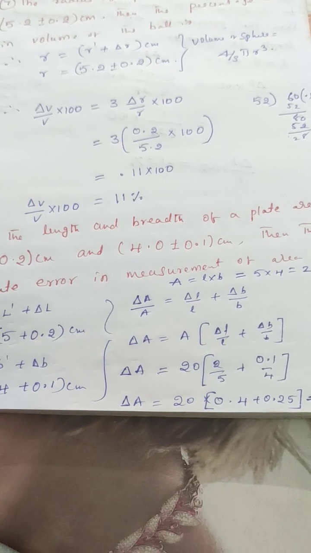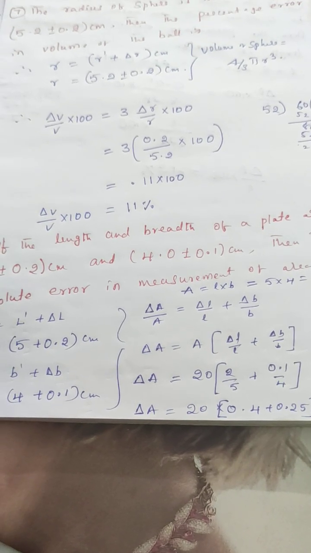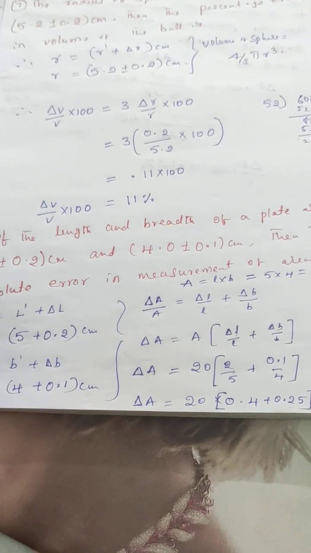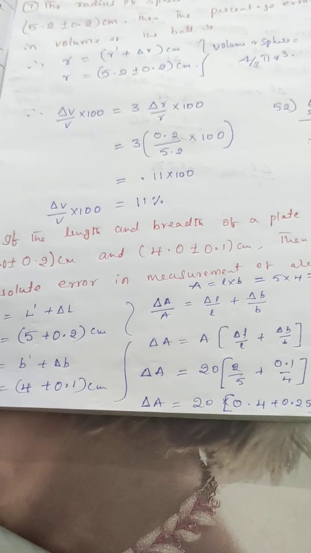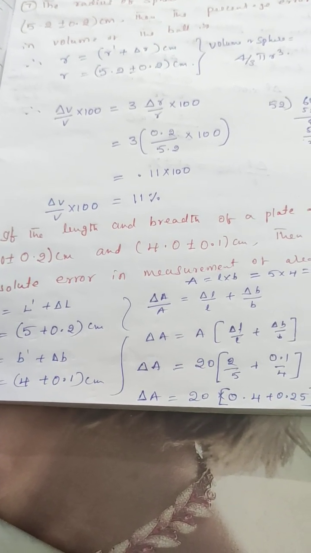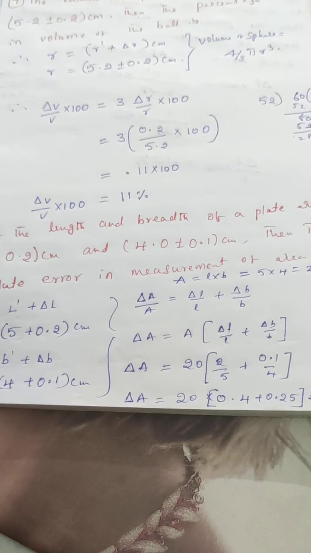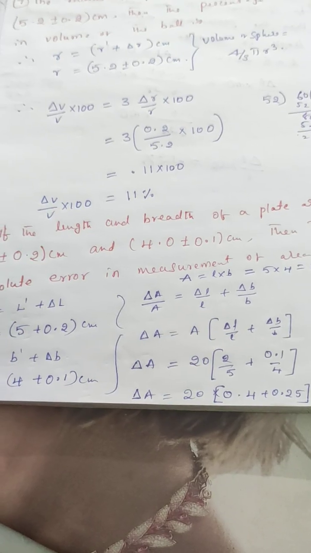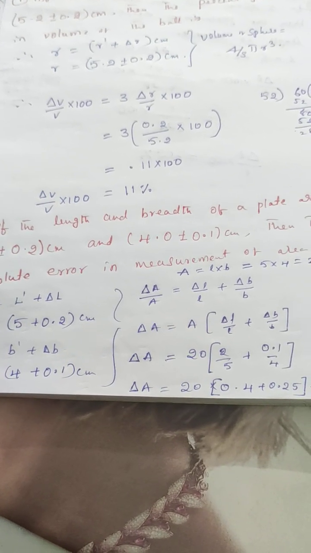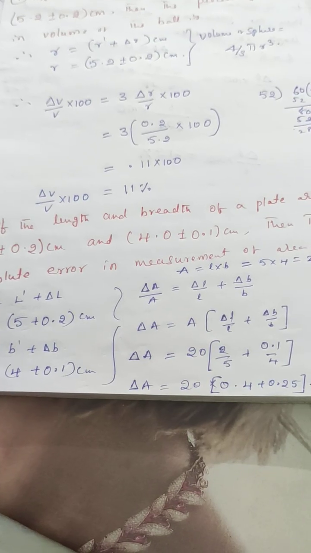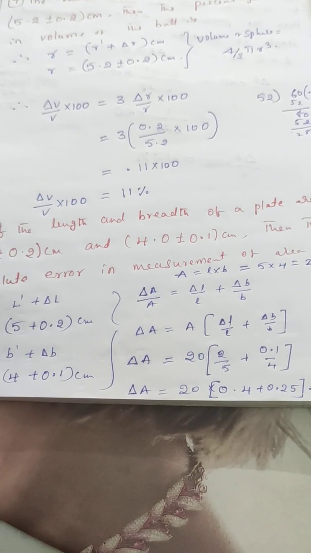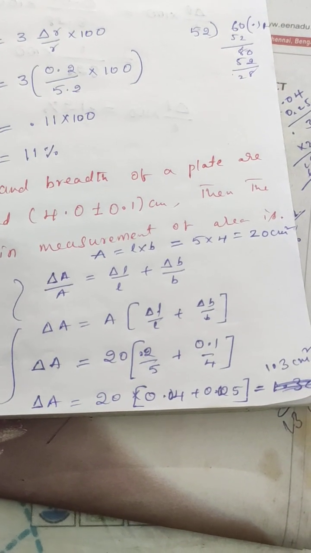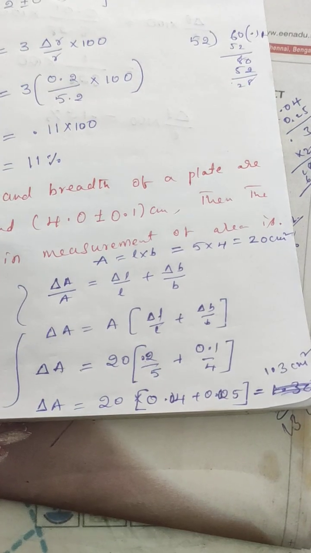Delta A is equal to A into delta L by L plus delta B by B. Area means length into breadth, 5 into 4, true value 20, into 0.2 by 5 plus 0.1 by 4.